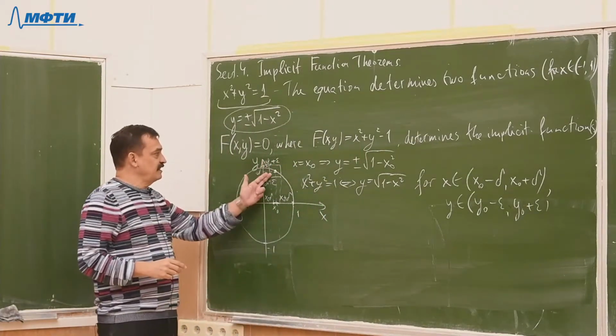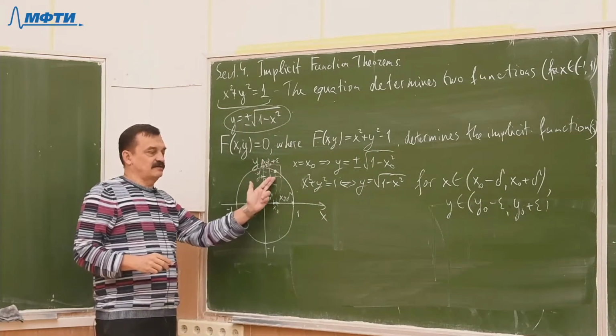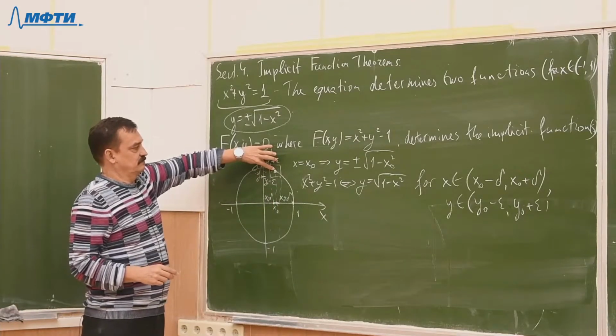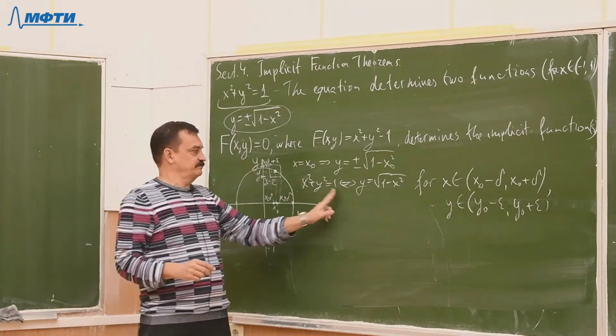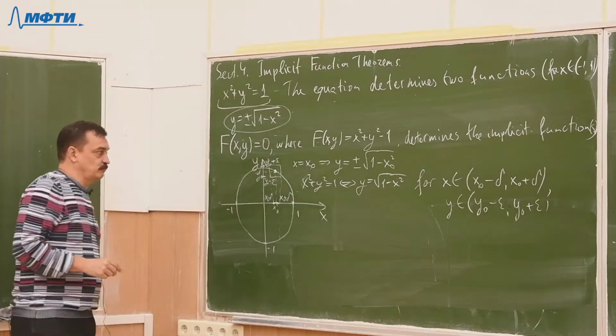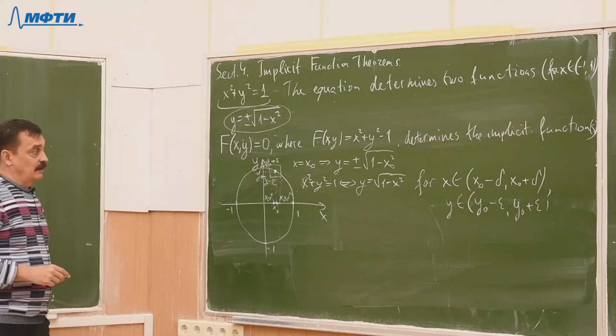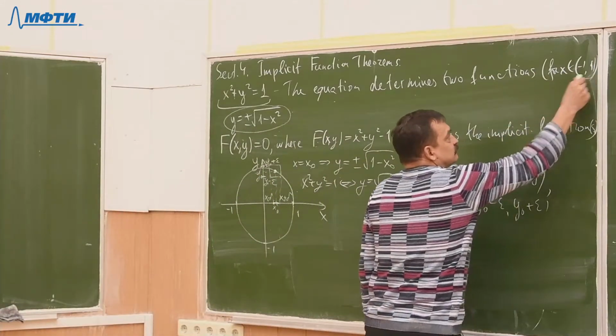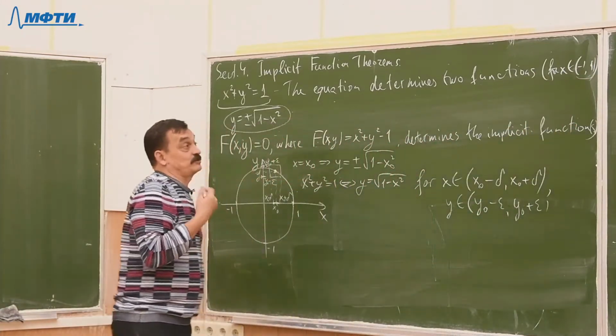So inside this rectangle, there is only one possibility to solve the equation x squared plus y squared equals 1. And it happens for arbitrary x0 between -1 and 1.